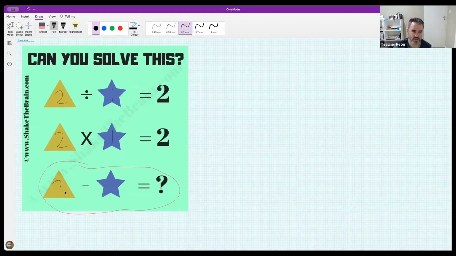So what is 2 minus a star? Sylvester, I think you have done it. It is a 1. Okay, that was actually easier than when I first saw this. I was like, what's going on? And now I actually see it's not too difficult. So that is our puzzle for today.